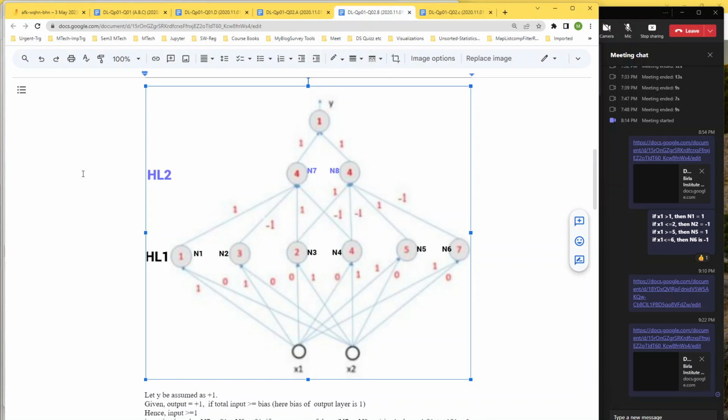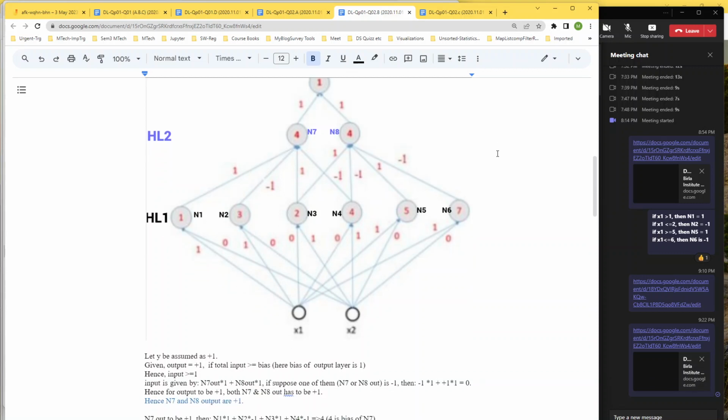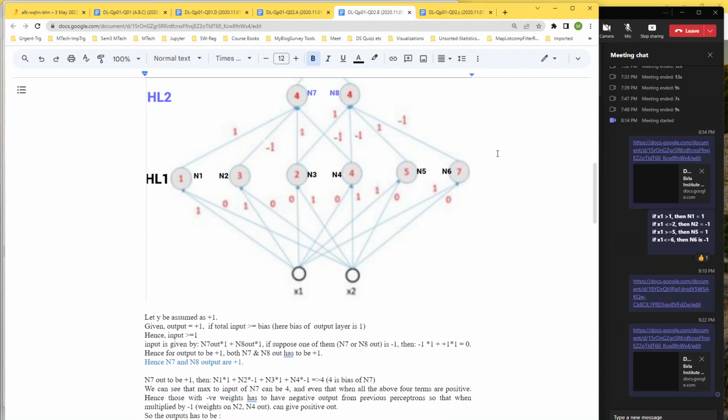So if you come back, to have N1 as +1, we need X1 as 1.